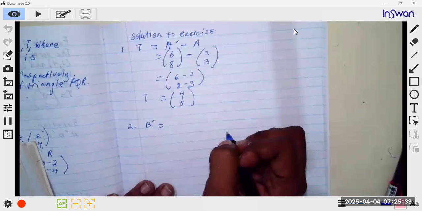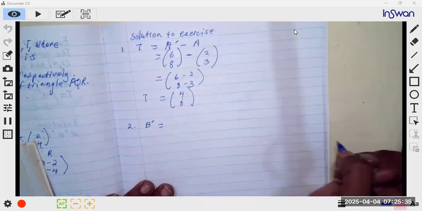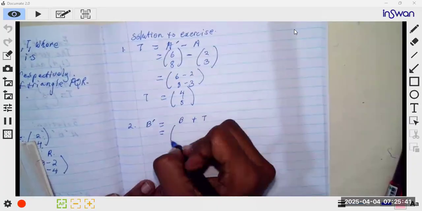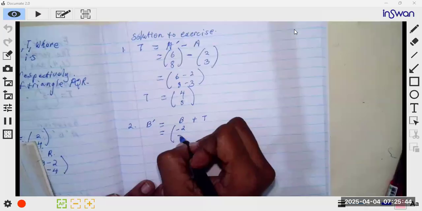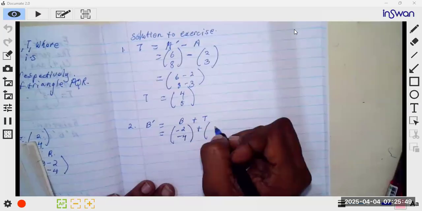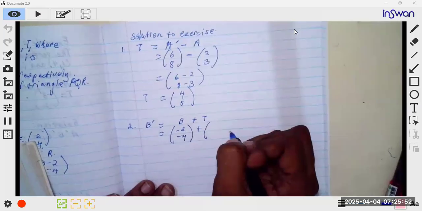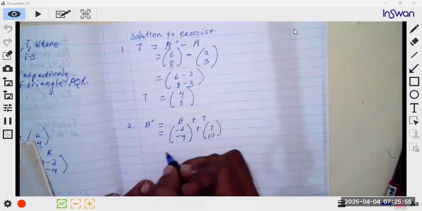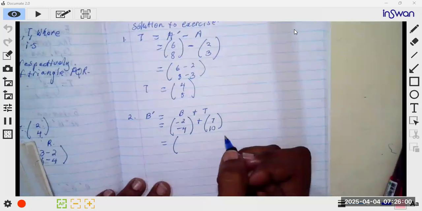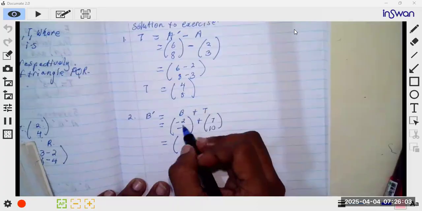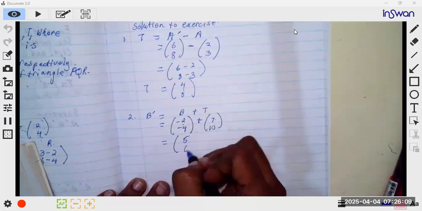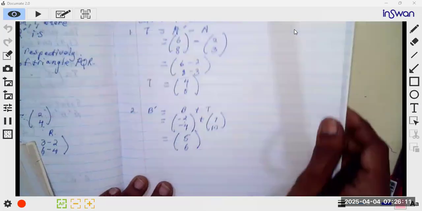I added the object, which was minus 2, B, plus the T. B is minus 2, 4, plus the translation vector, which is 7 and 10. So what's your final answer? 5 and 6. Minus 2 plus 7 will give us 5, and minus 4 plus 10 will give us 6. Good, good, good. You guys are on a roll.